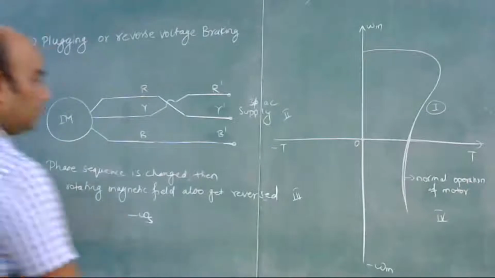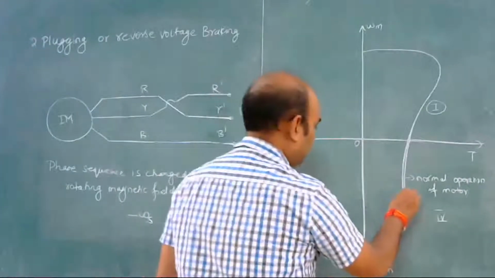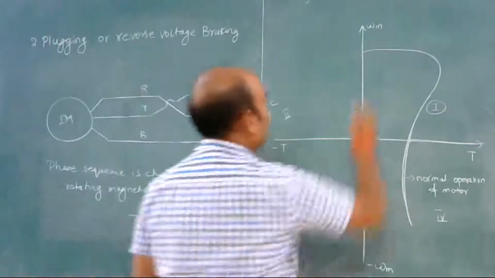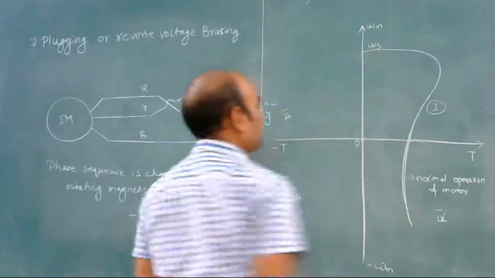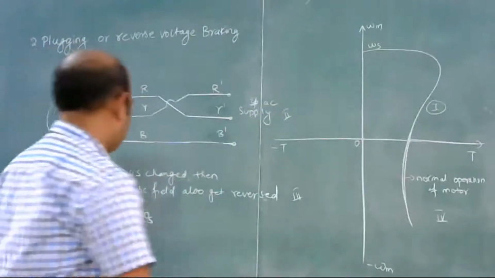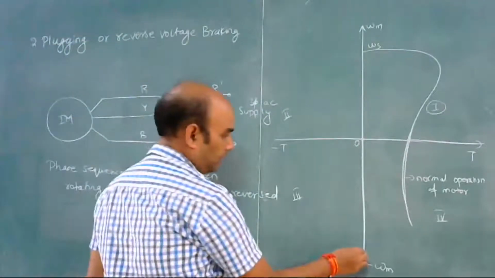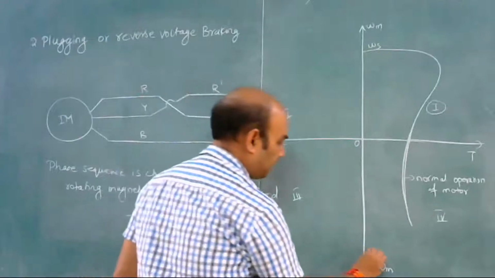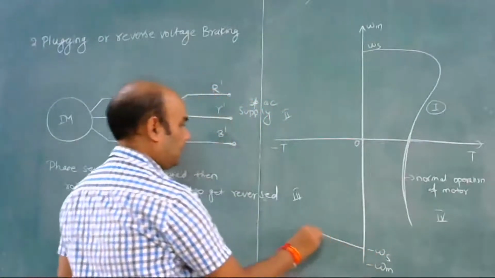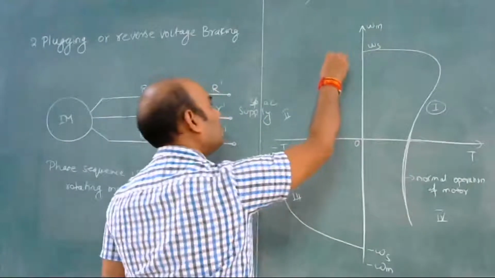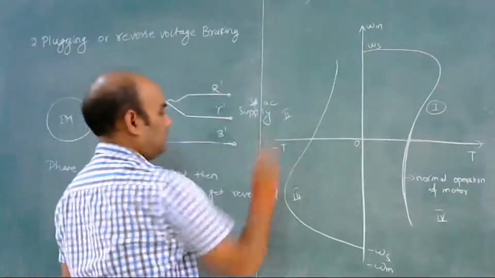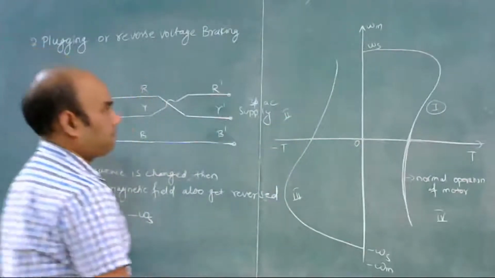When this is omega s positive, and the magnetic field is reversed, suppose this is minus omega s, we will get this type of characteristics in the third and second quadrant.